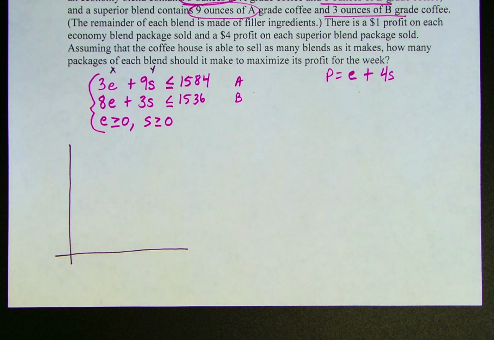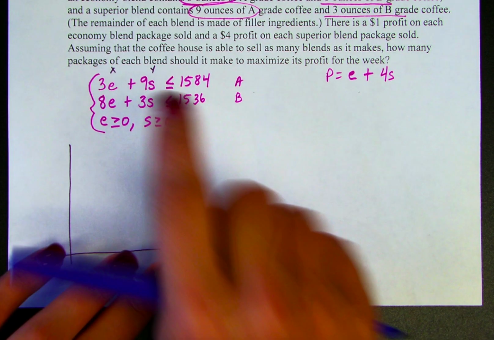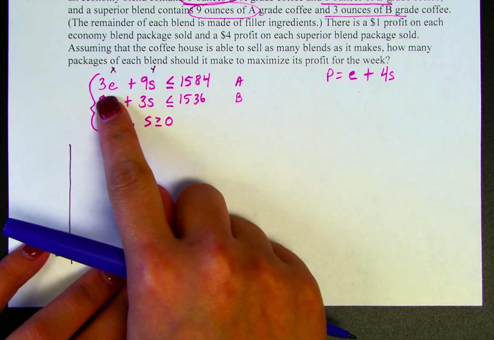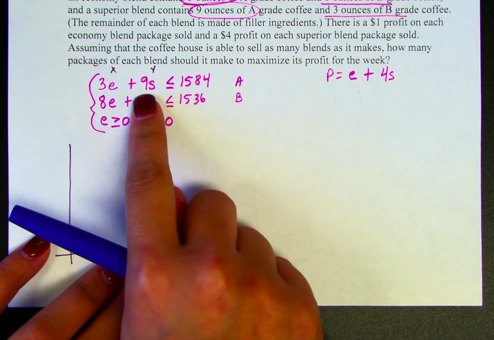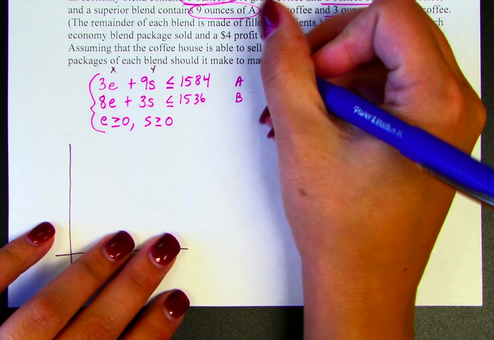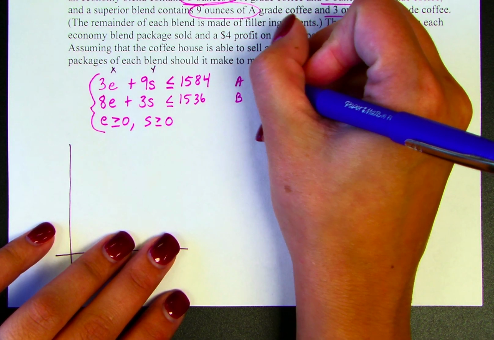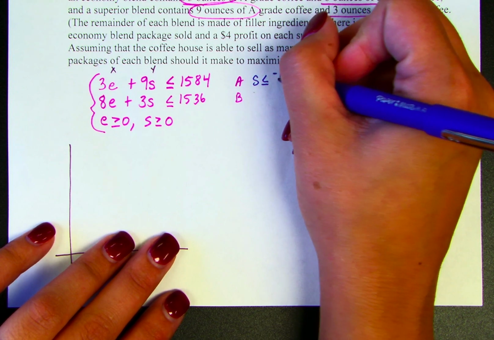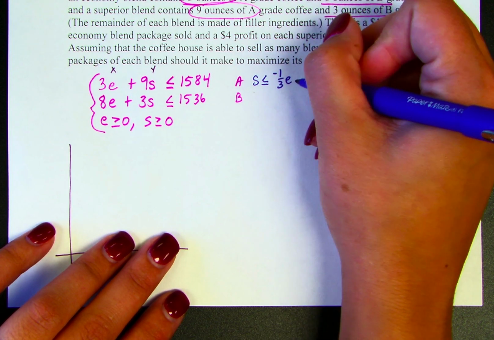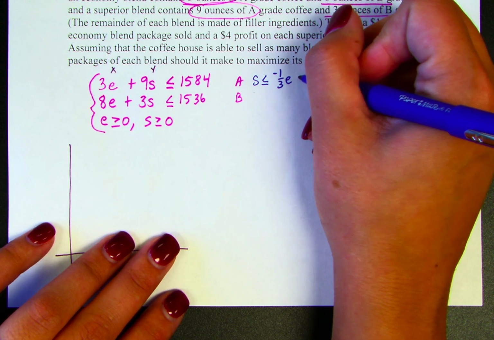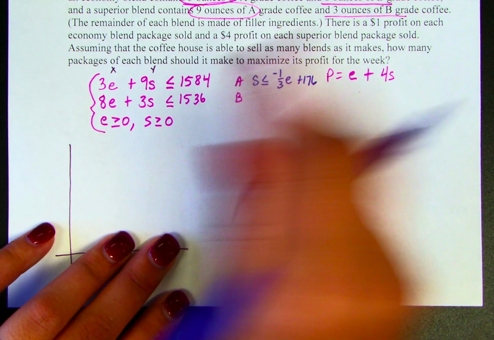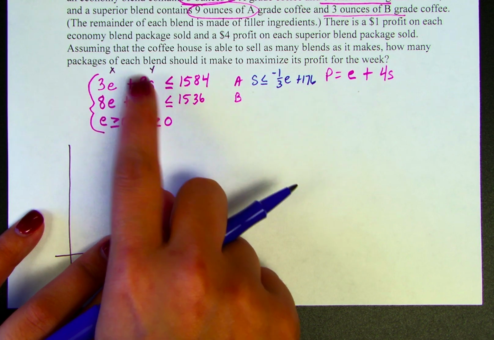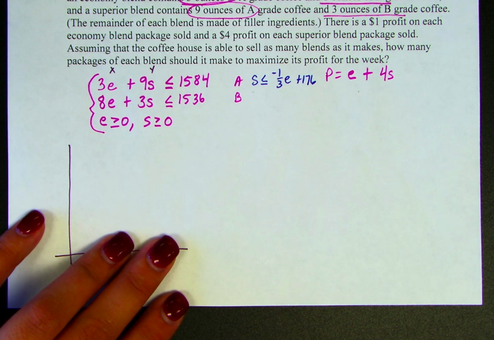So let's start doing that. On the top one, we're going to have to subtract the 3E and then divide everything by 9. So when we do that, this is going to give us S less than or equal to, and then if we simplify, negative 1/3 E plus 176. All right, so again, I subtracted this and then divided everything by 9.